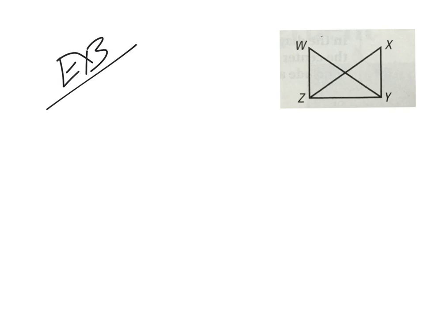Mm-hmm. So we have one triangle here and one triangle here. I'm a pretty visual learner, so I'm going to separate these two triangles so that I can mark them up. So my first triangle was similar to this. Does it have to be perfect? Absolutely not.